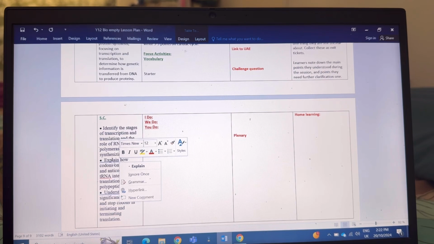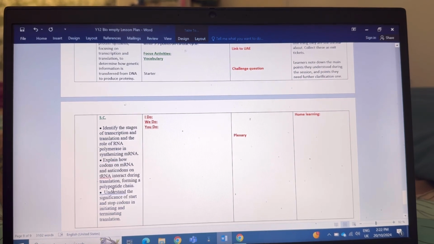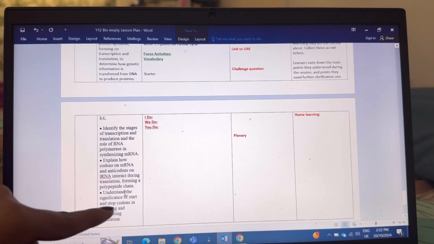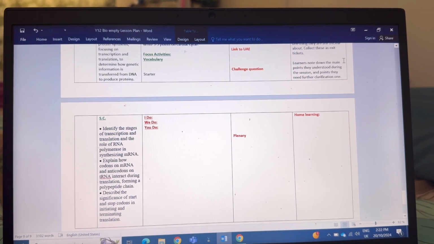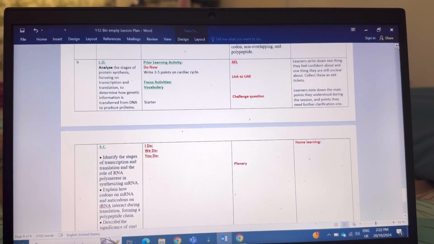I also don't have to think about the words that I need to use. Okay, I think this I need to change. Instead of understand, I can write explain or describe. Perfect. Next, we will go to the next column.